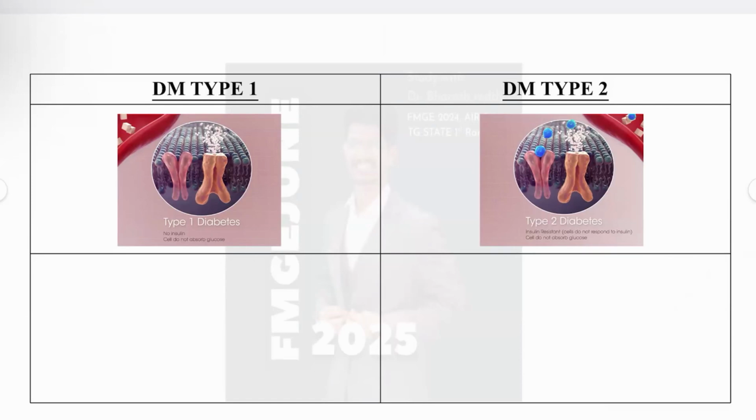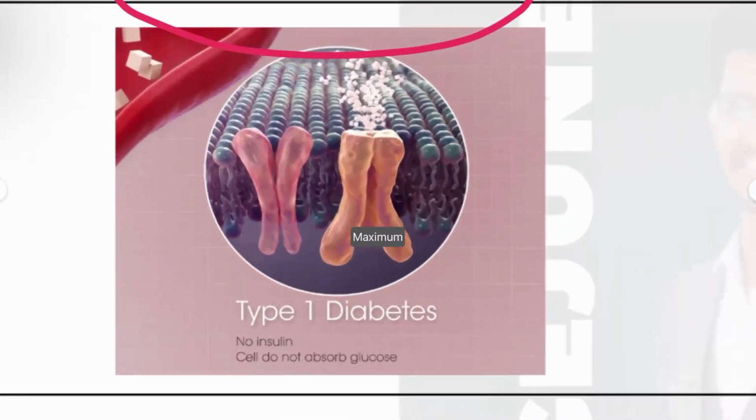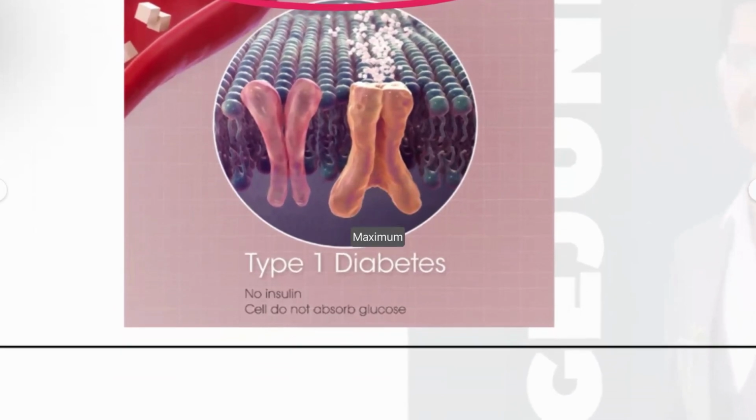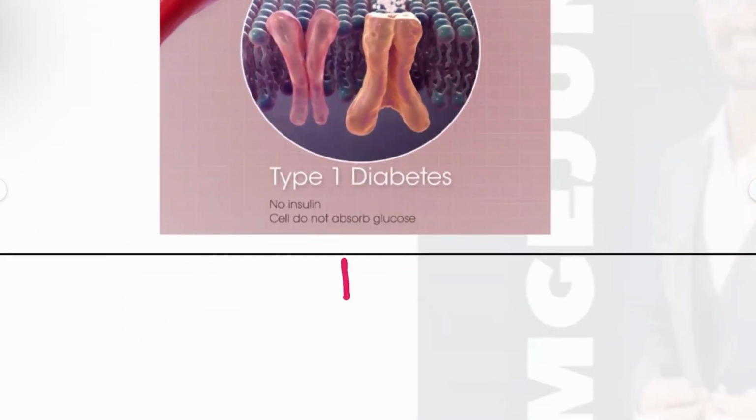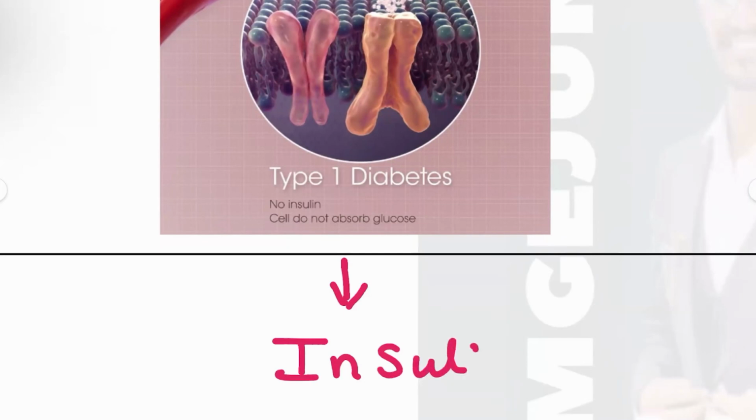Before anti-diabetic drugs, I want you to understand the difference between diabetes mellitus type 1 and diabetes mellitus type 2. Here you can see the picture. Type 1 diabetes is not insulin resistance, instead it is insulin absence. The insulin itself is absent.